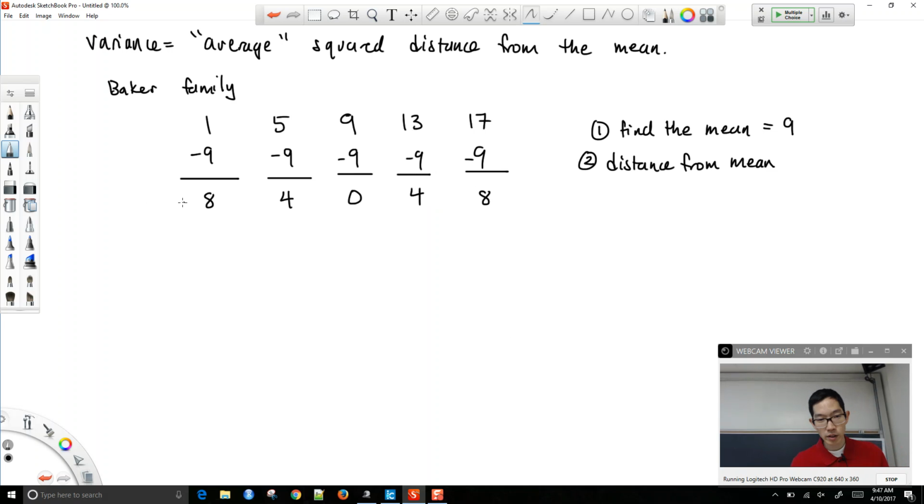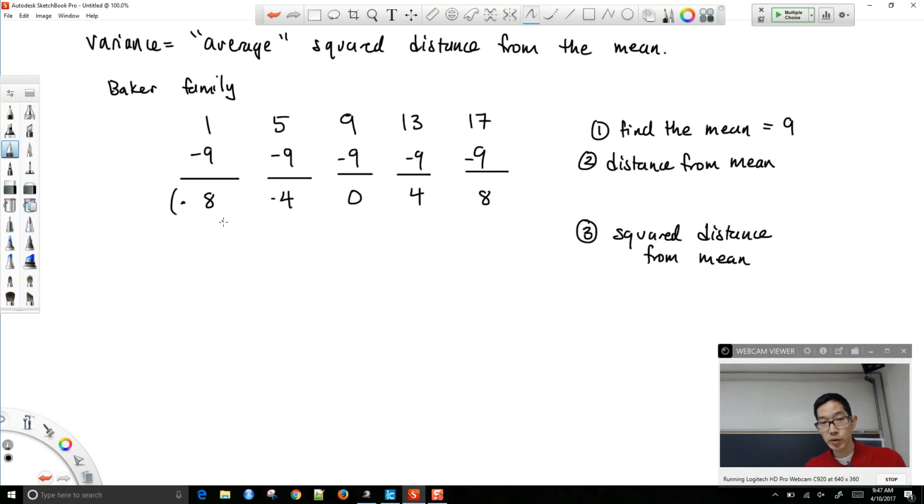Now, I guess I could put the negative signs here. It doesn't really matter, because the next step, once we get the distances from the mean, is to square them. Is this okay, everybody? We want the squared distance from the mean. So we take each of these values and square them.